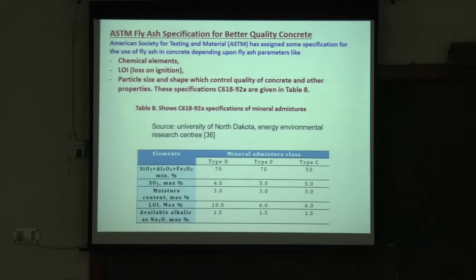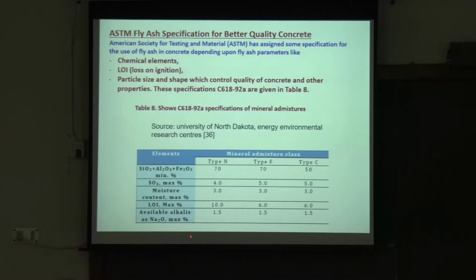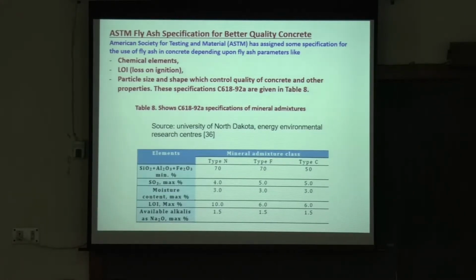The LOI here, the type N has very high residual carbon, whereas type F maximum is about 6% carbon. And available alkalis are typically limited. So this gives some idea about the two types of fly ash and also the type N pozzolan.